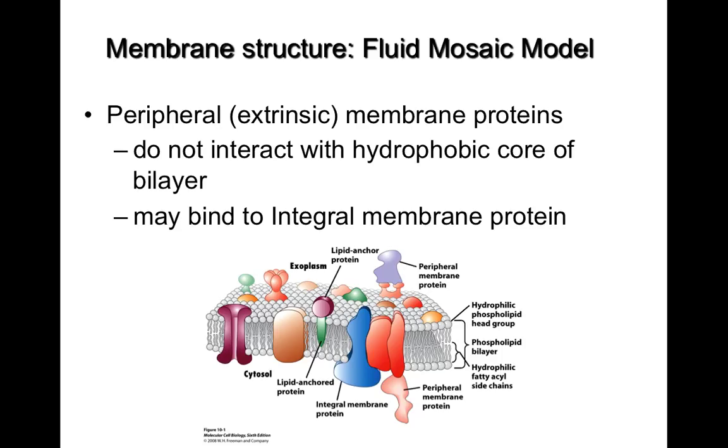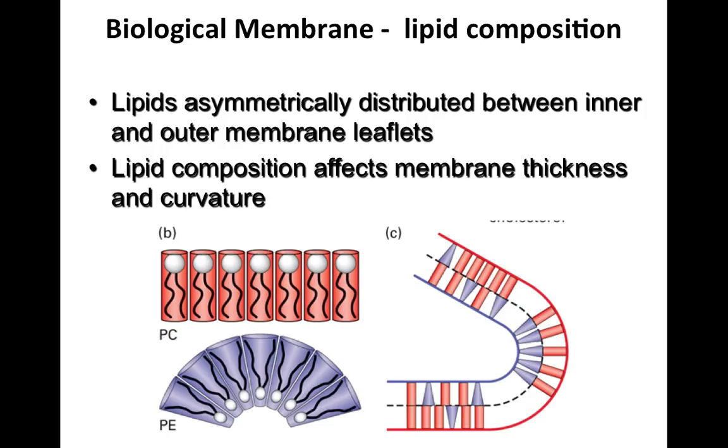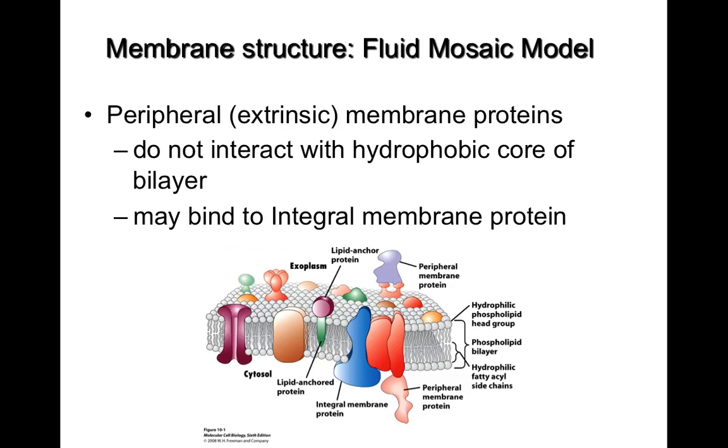Okay, so continuing on, not only are there phospholipids and lipids that make up the biological membranes, but remember we also have this thing called the fluid mosaic model. Basically what this says is that there are other things within the membrane, including proteins. So we have various examples here of different types of proteins found within and around the membrane.